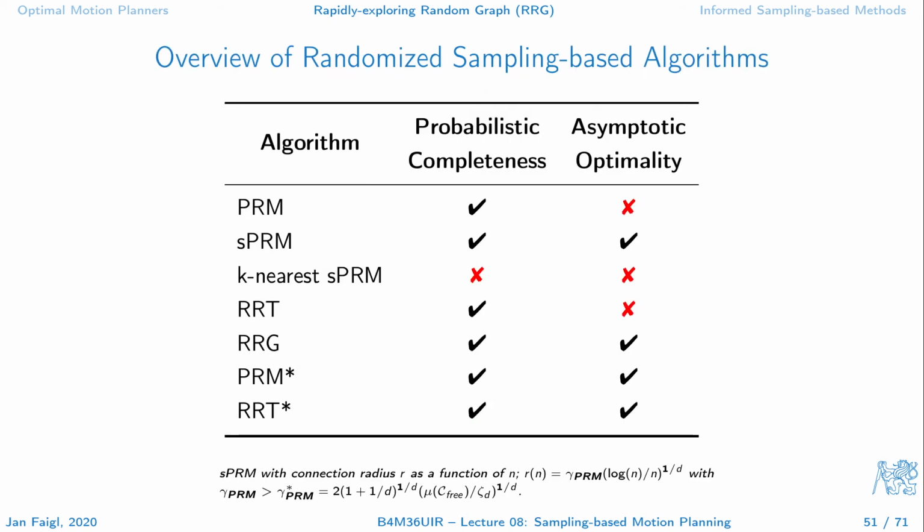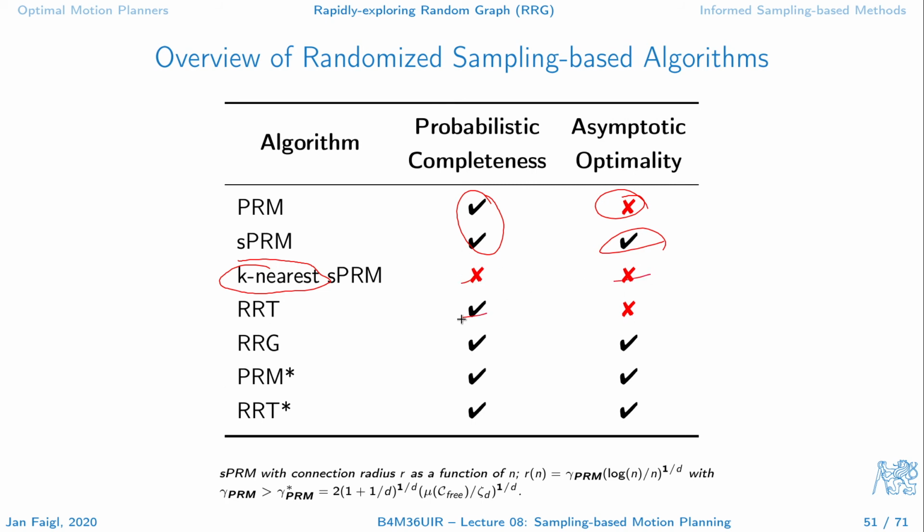So take a look at the sampling-based algorithms regarding the probabilistic completeness. The PRM and SPRM are probabilistically complete. PRM is not asymptotically optimal. SPRM actually is, because I can introduce this ball. Actually, there is the reconnection. If you consider the k-nearest implementation of the nearest nodes, it is not complete and asymptotically optimal.